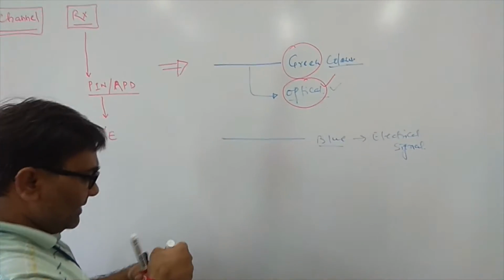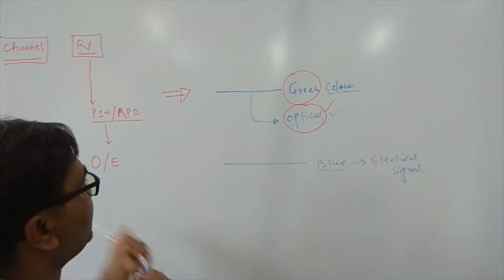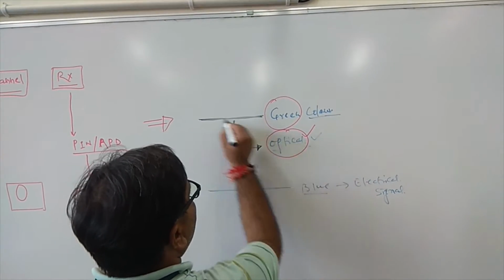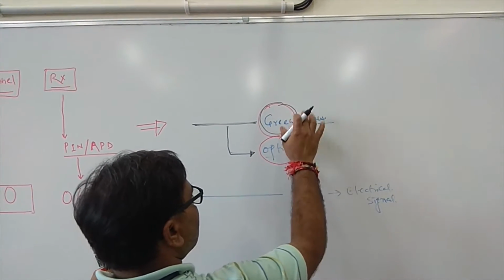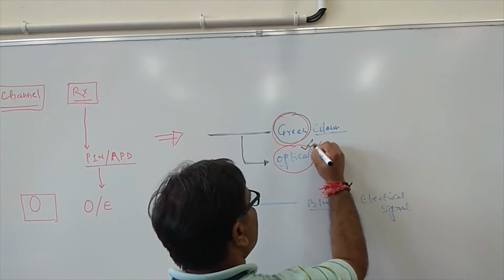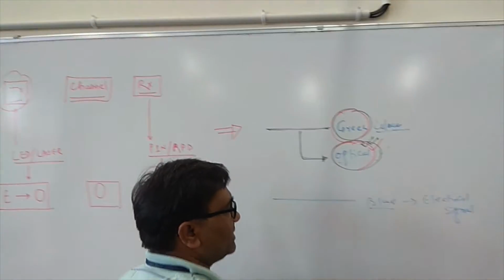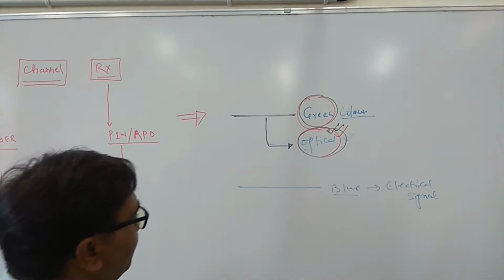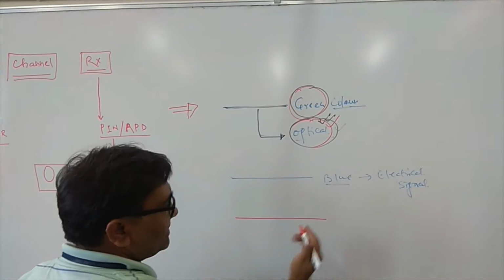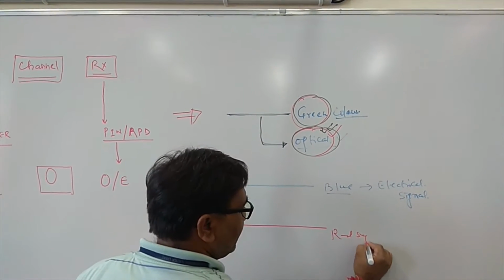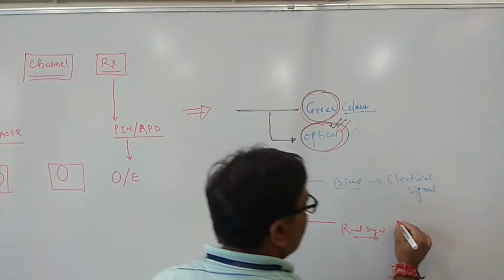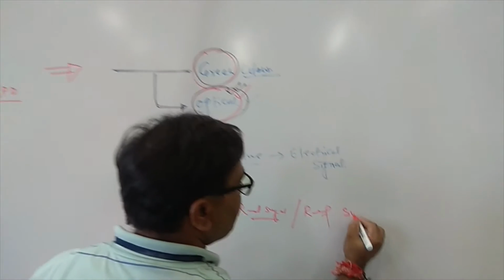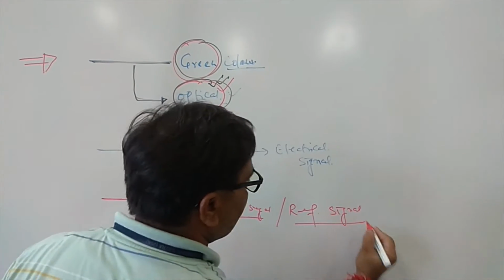So when green color is there, always understand that it is the optical section. If the blue color is there, then it is the electrical signal. And if the signal is red, that means either some fault, or it is also known as a reference signal. This is really important.